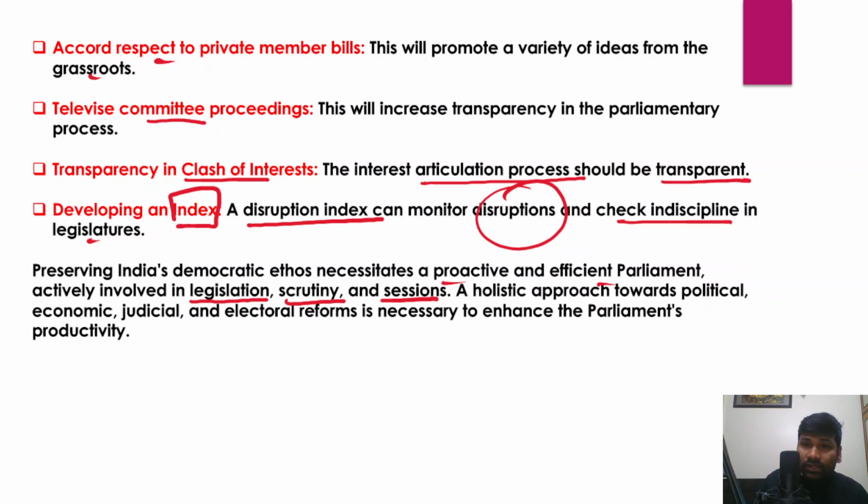So in this context, a holistic approach towards political, economic, judicial and electoral reforms is necessary and important to enhance the overall Parliament's productivity. That's how you could write a conclusion in the answer.